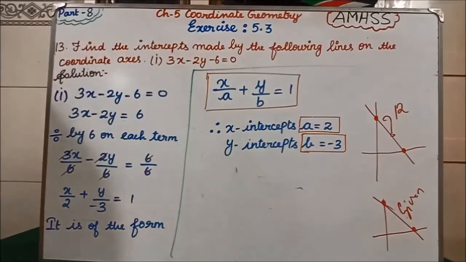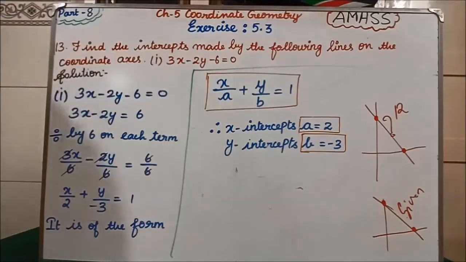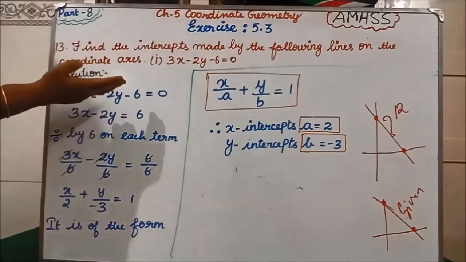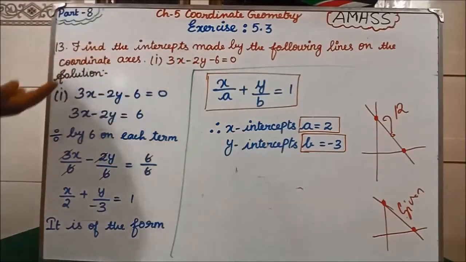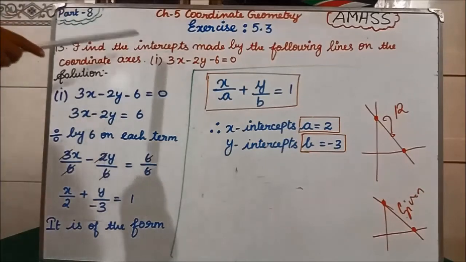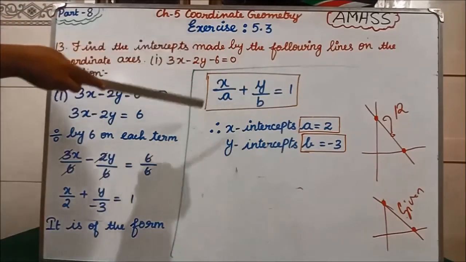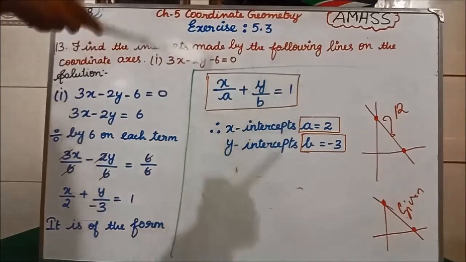Then whatever number you get on the right hand side, you have to divide each term by the same number. Why? Because our formula is the x intercept, y intercept formula. The same formula we used for the 12th problem, we are going to use for the 13th problem also, because here also we find the intercepts. The intercepts formula is x by a plus y by b equal to 1.